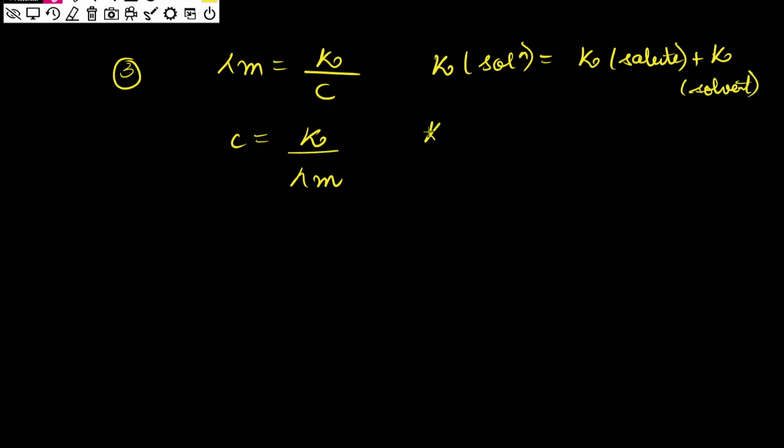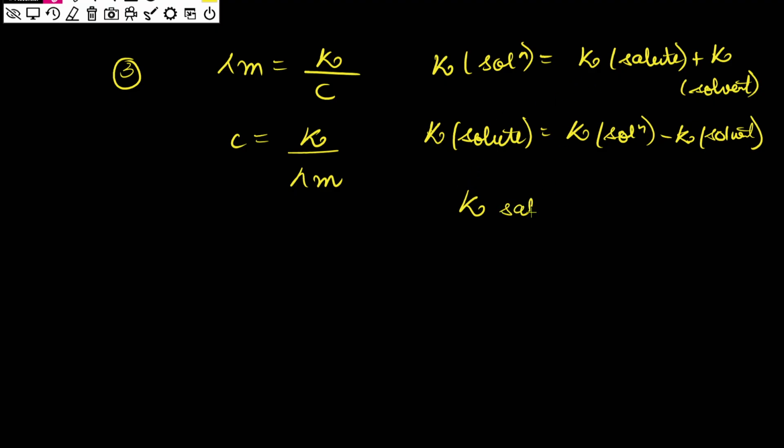So if I want to calculate this for the solute, it will be equal to the conductivity of the solution minus the conductivity of the solvent. And this conductivity of the salt divided by lambda m gives the concentration of that particular salt or solute. Now there is another important term which we call the solubility product.